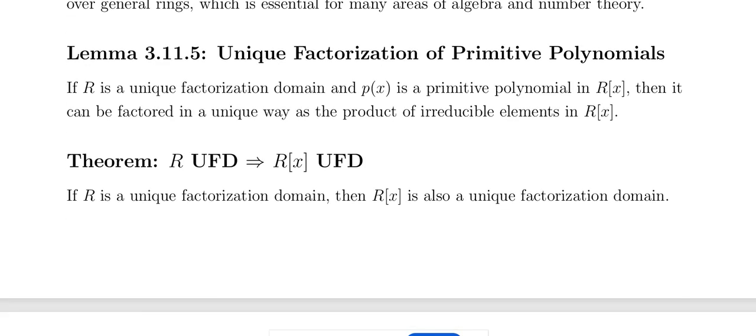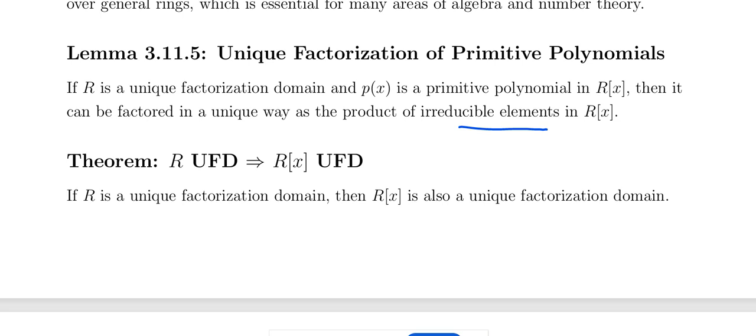R is a unique factorization domain, and p(x) is a primitive polynomial in R[x]. Then it can be factored in a unique way as a product of irreducible elements in R[x]. So if R is a unique factorization domain, then R[x] is also a unique factorization domain.